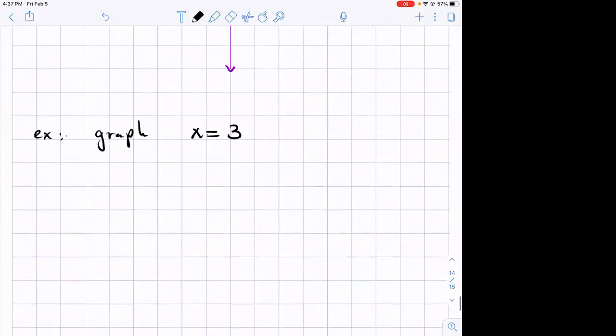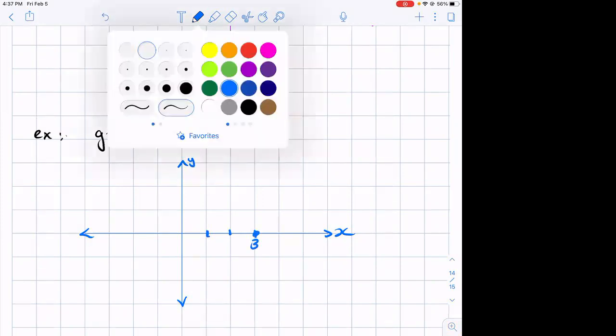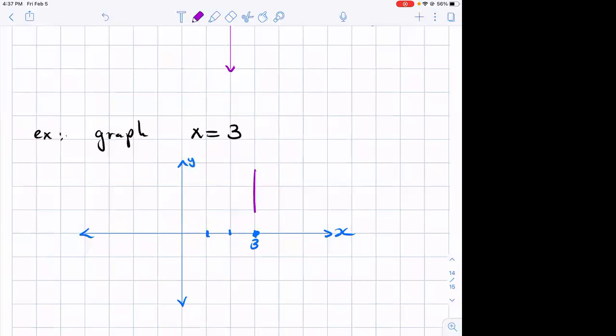Well, if you're asked to graph x equals 3, it means find on the x-axis where x is 3. So we have 1, 2, 3. This is the point, and draw a vertical line through that point. And this will be the equation x equals 3.